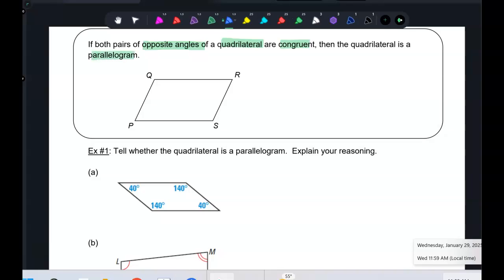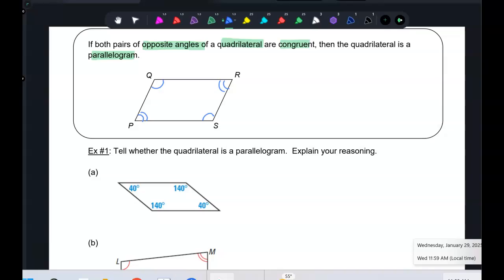So remind me, how do we know if they're opposite to each other? Like diagonal to each other? So Q would have to be congruent to, wait, which one would be opposite? S. And then P has to be congruent to R. Do all four have to be congruent?